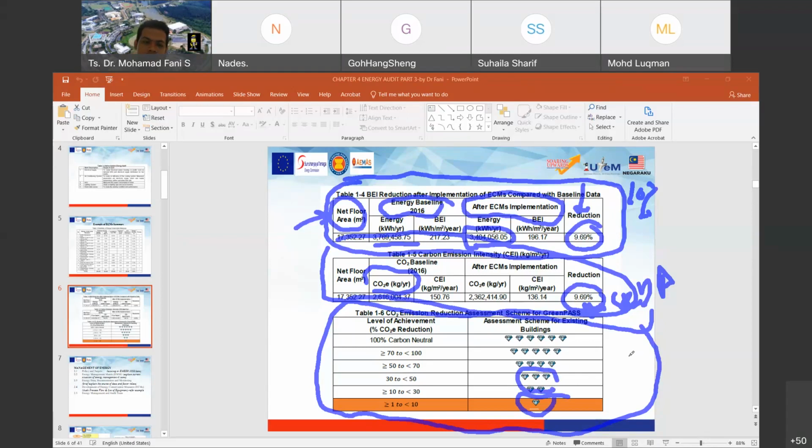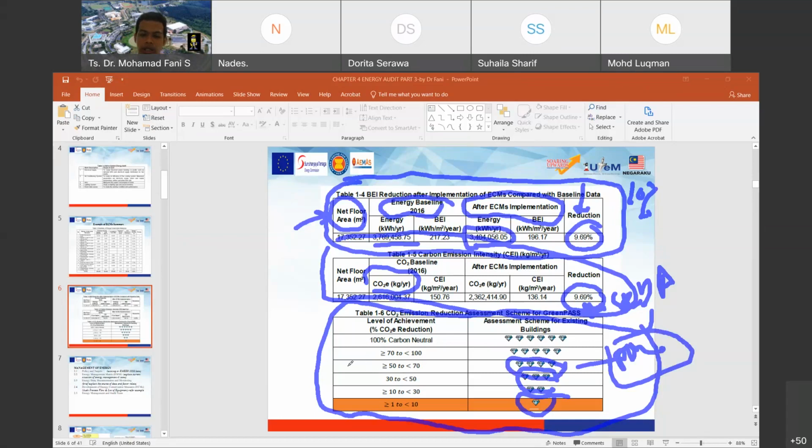And I'm glad to say that one of our buildings in the main campus, FTMK, already got 4 diamond. They are able to reduce about 55% of CO2 equivalent since 2016.